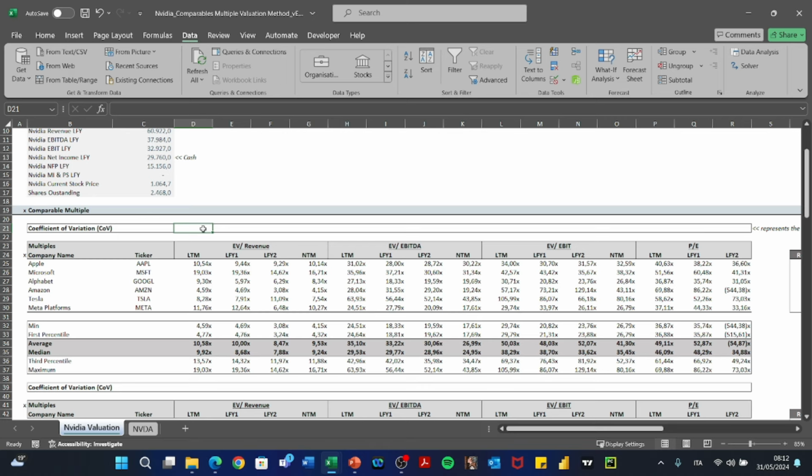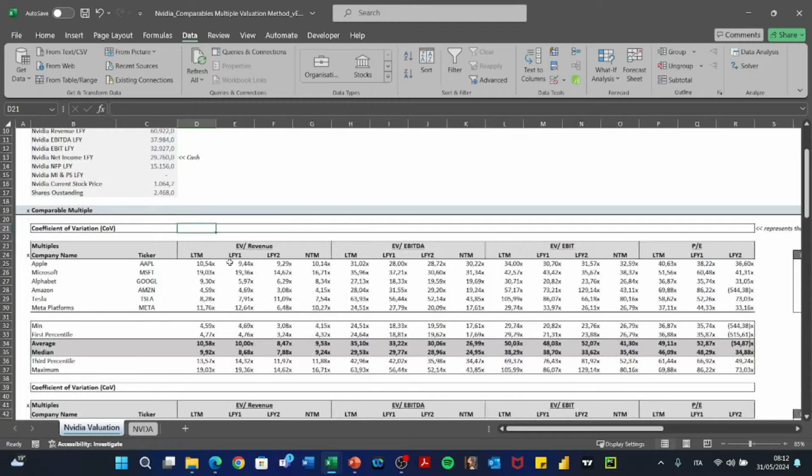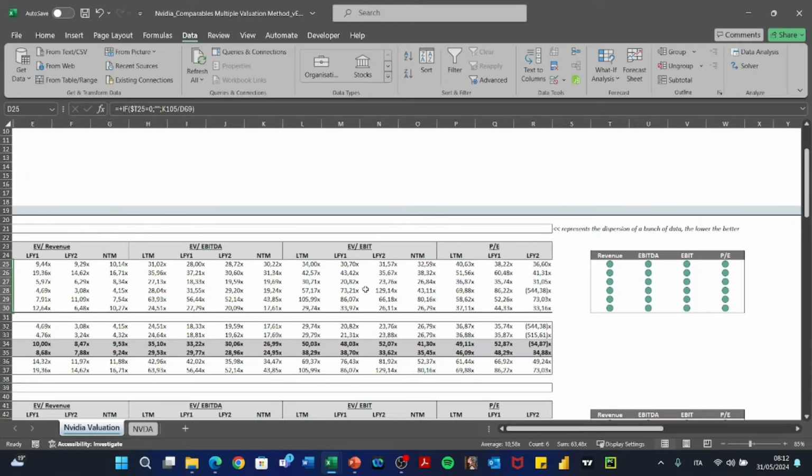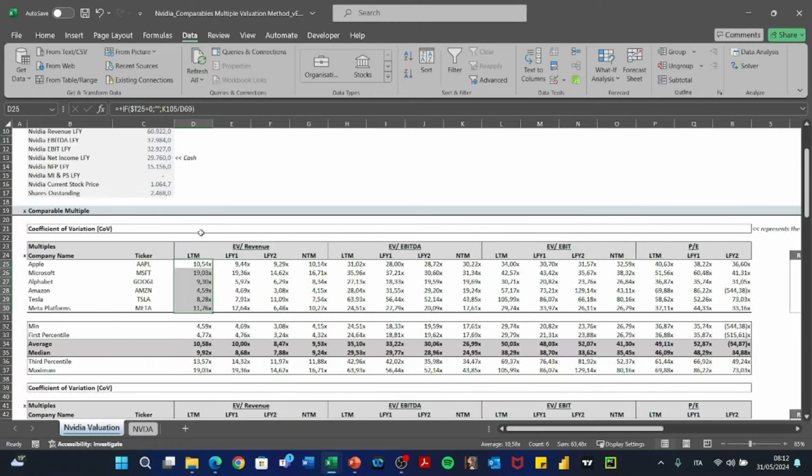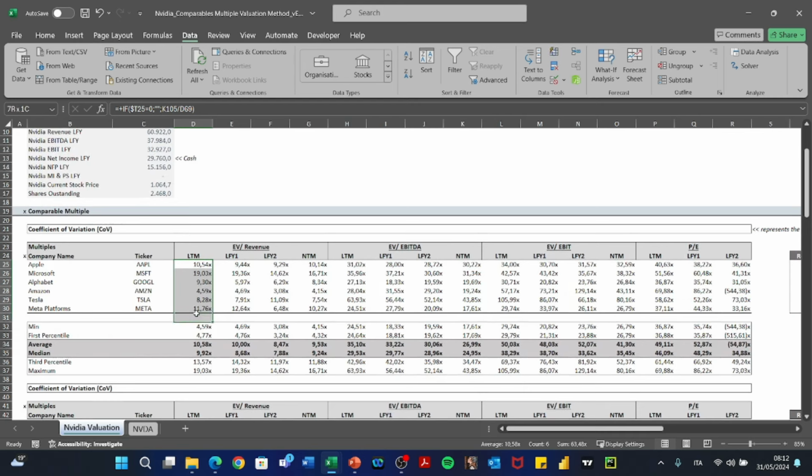Now we can calculate the coefficient of variation. It is a statistical metric used to analyze the dispersion of a bunch of data. So the lower it is, the better it is. If you want to know more about this metric, I suggest just to type it on Google and look for it online.